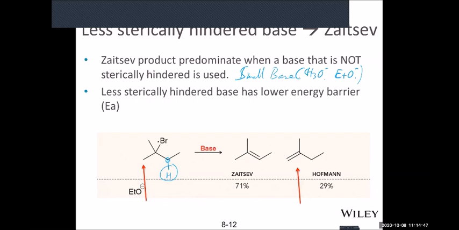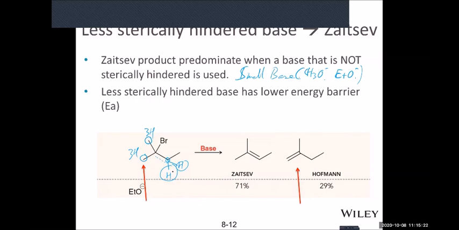By the way, even though each methyl group here has three hydrogens and here you have only two hydrogens, the number still doesn't matter. The double bond still preferably forms between these two carbons. Even though the chance of taking away a proton from the methyl groups should be three times higher, the main product is still the Zaitsev product.